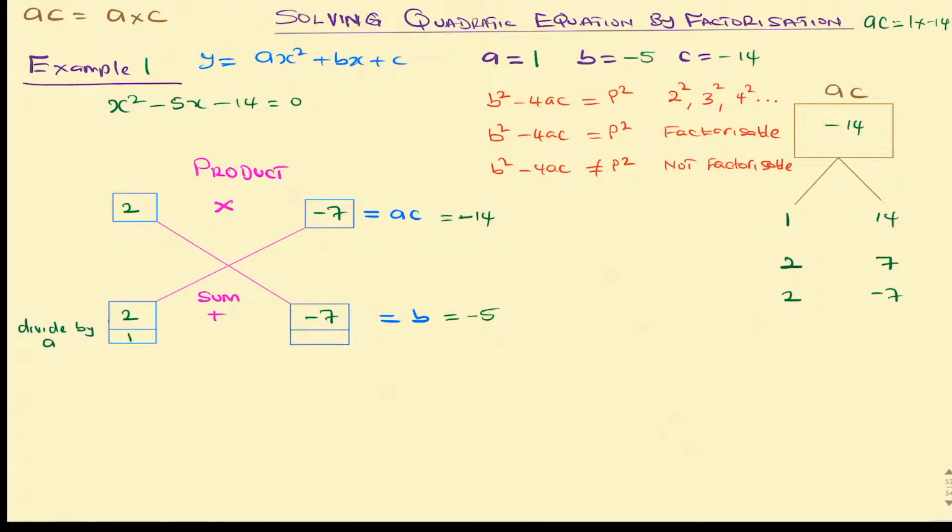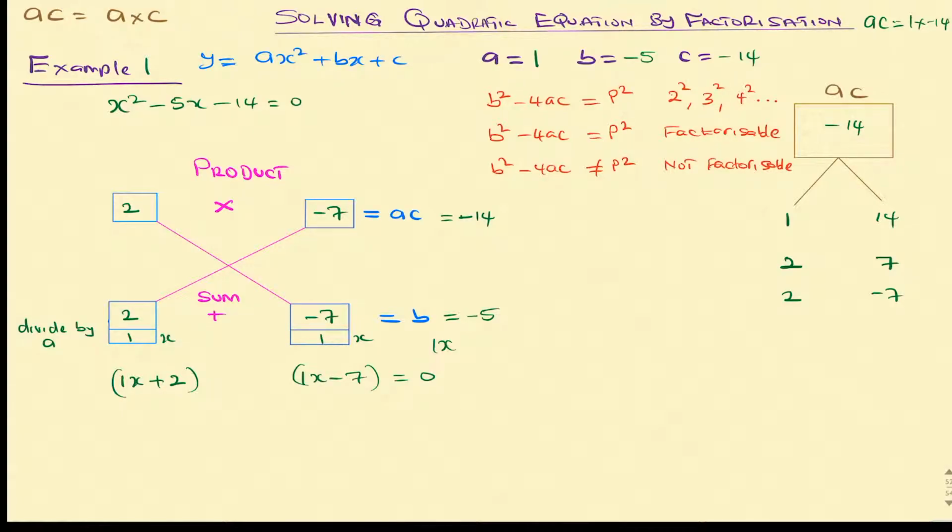So a is 1 and 1. The bottom denominator is x, and therefore our factors will be 1x plus 2 from the numerator and 1x minus 7 from the numerator, and this equal to 0.